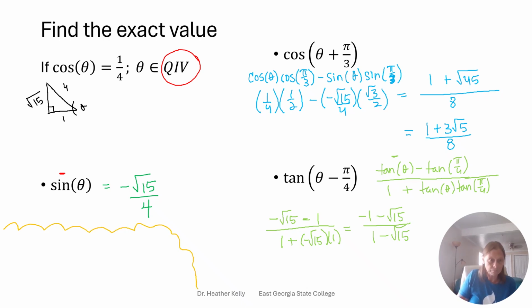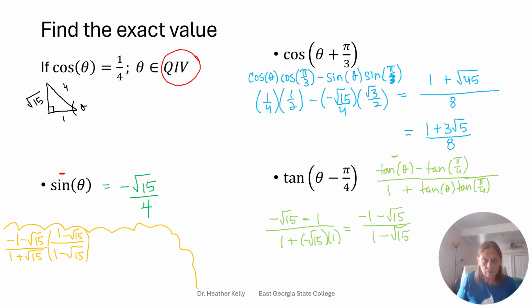So I've got negative 1 minus root 15 over 1 minus root 15, and we're going to multiply by 1 plus root 15 over 1 plus root 15.